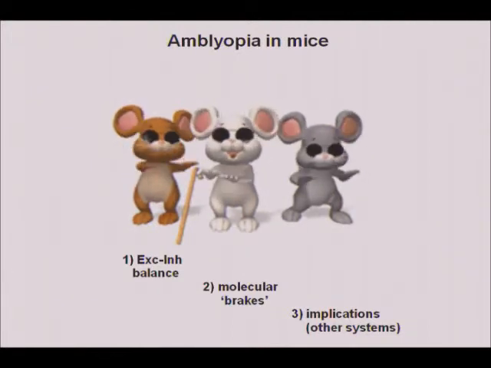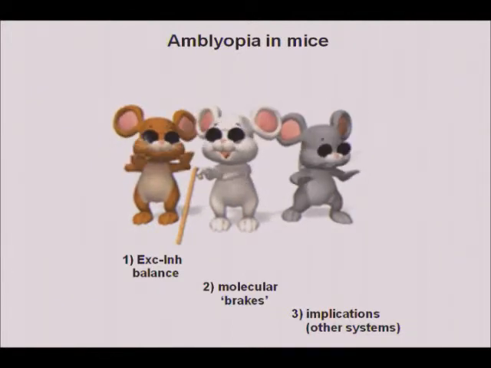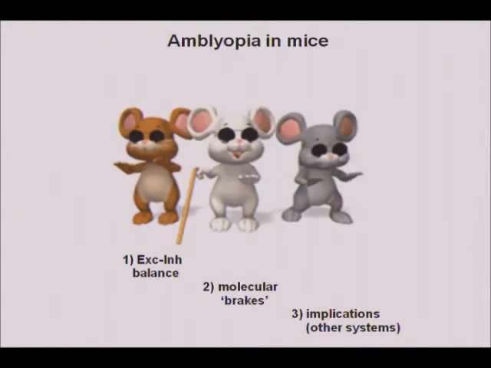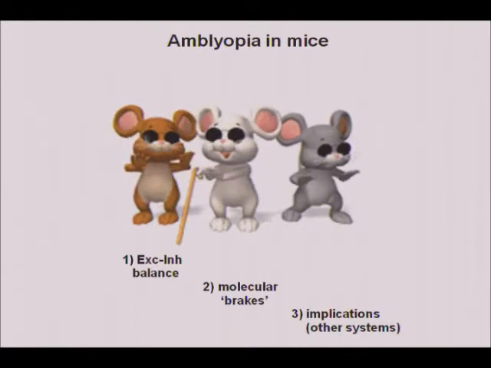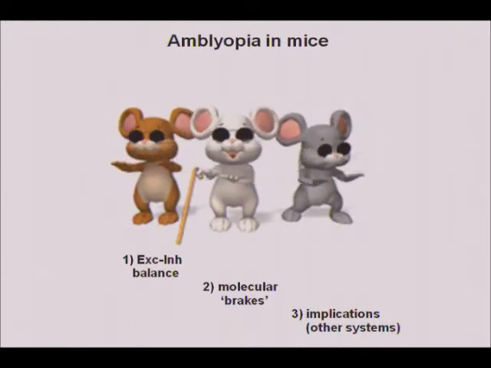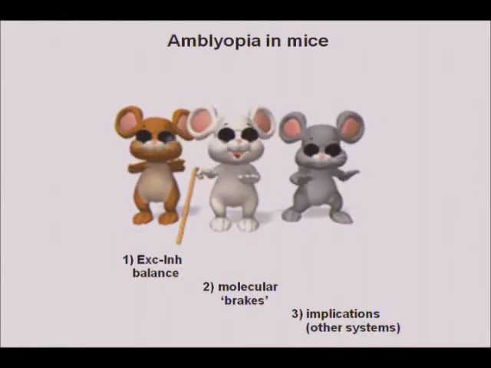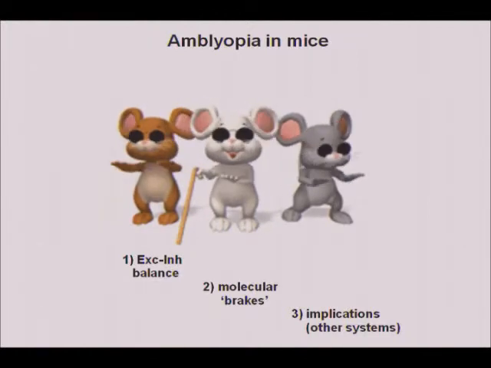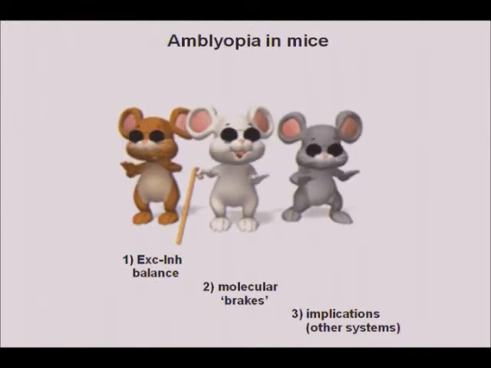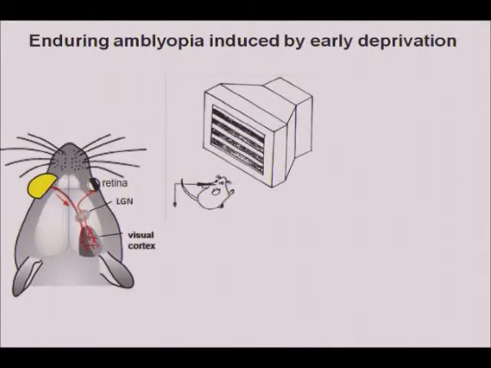And they would continue to take place, it seems, if not for another class of molecules, which we're calling molecular brakes, that come on later in life and clamp down and actually restrict or limit this plasticity. So I'll mention these, and along the way try to draw inferences for other systems. So let me explain to you how we do these studies.